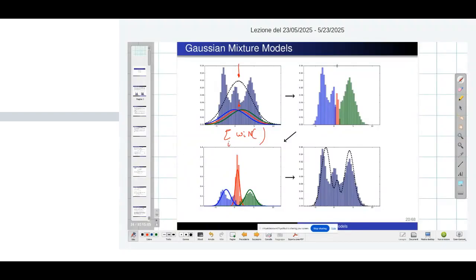The first step, I compute cluster posterior probability. I plot histograms, so I will color my samples according to the cluster label, and the histograms will be colored accordingly. Here there are bins that have both colors. Why? Essentially because bins are discrete. If a bin has both colors, that means that at some point, half of the points were assigned to the red component and the other half were assigned to the green one.